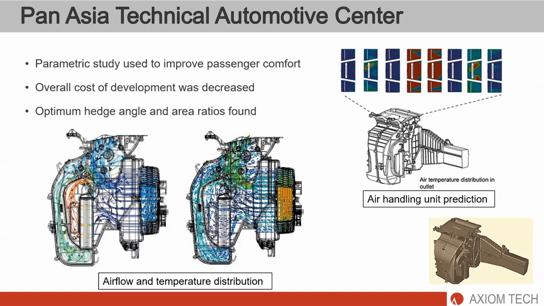The embedded parametric optimizer was used to achieve an optimized design. FloEFD simulation results were confirmed by digital twin testing on a real physical model. Overall cost for development has been significantly reduced also.